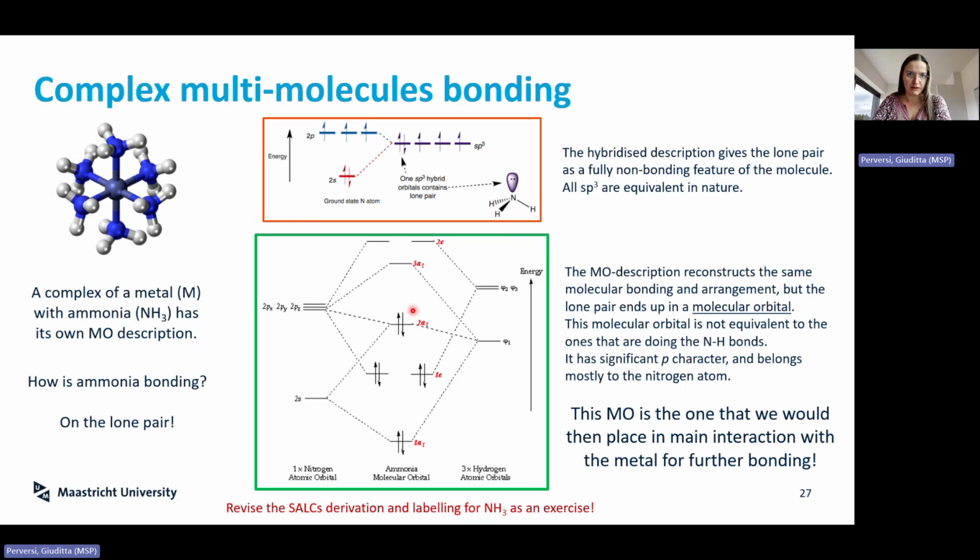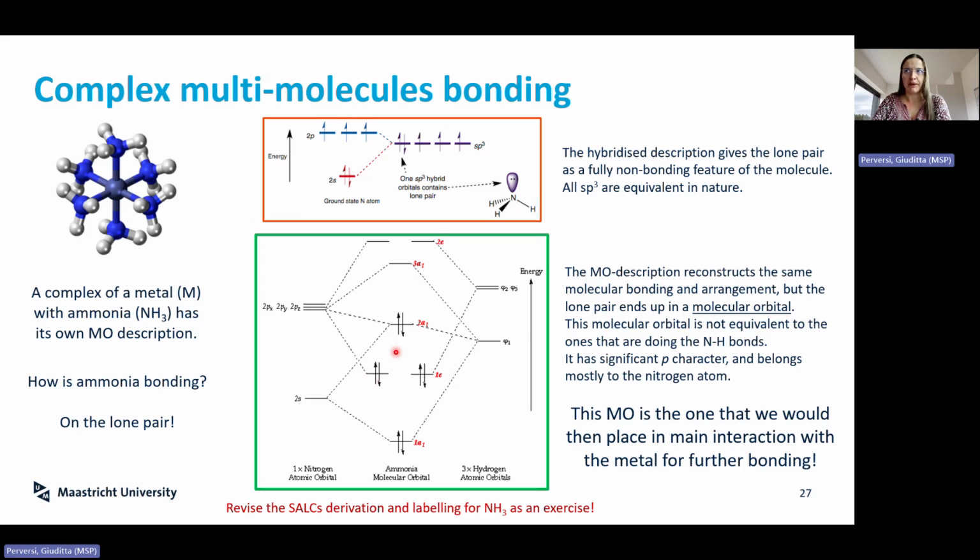On the basis of these sets, you mix the hydrogen and all of the nitrogen orbitals to derive an actual molecular orbital diagram. This gives you the same number of bonding molecular orbitals, obviously, but this time you actually have a staggering in energy. Not all of these are equivalent in energy. So you end up with 4 bonding molecular orbitals, of which these 3 are all in the shell.